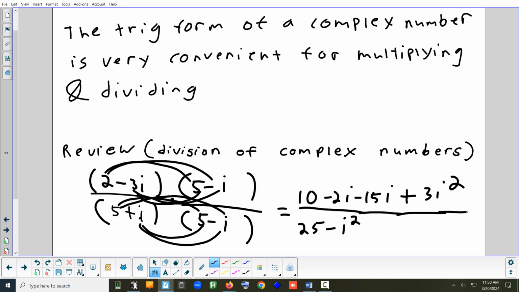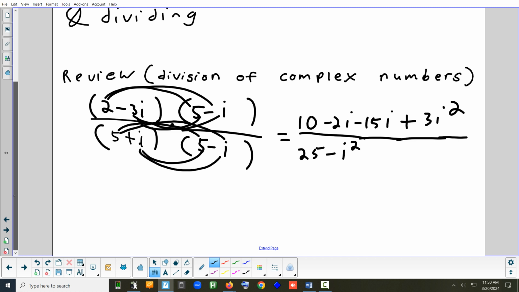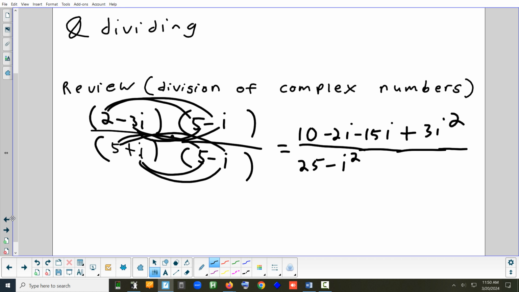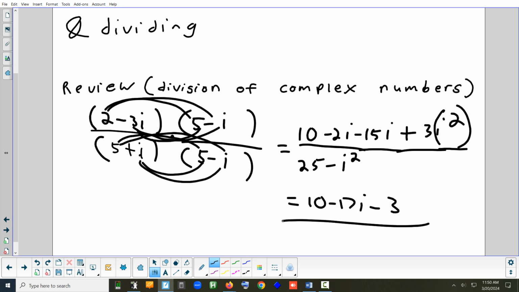And we're still going. Now we gotta simplify that. All right. So now, what's negative 2i minus 15i? Negative 17i. And what's i squared? Another thing we got to remember. i squared is -1. So what's -1 times +3? -3. So that's really a -3.